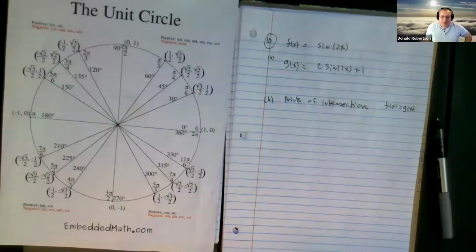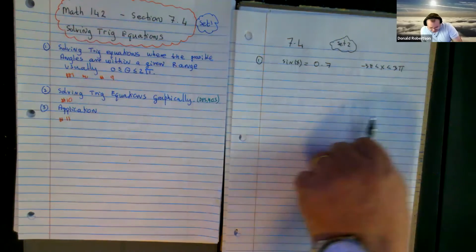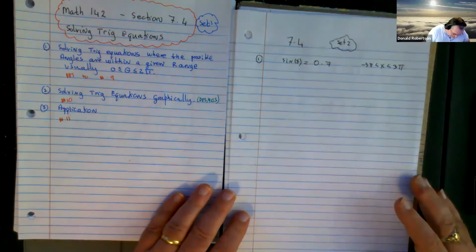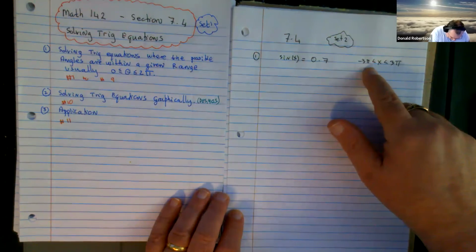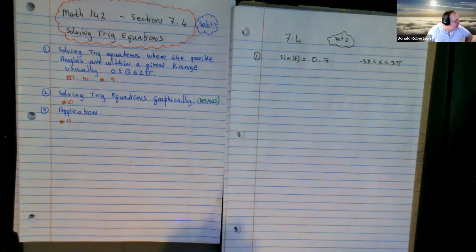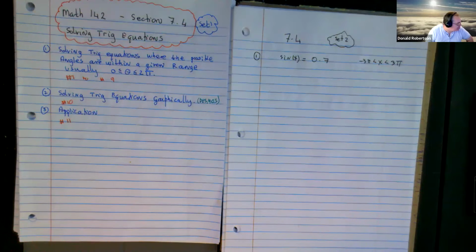We're not looking at your paper, by the way. Oh, sorry. Thanks for telling me. Here we go. So, totally different kind of equation. I am not going to solve that algebraically. I'm going to find every solution in this range, and we're going to do it using Desmos. So this question is not actually too bad.